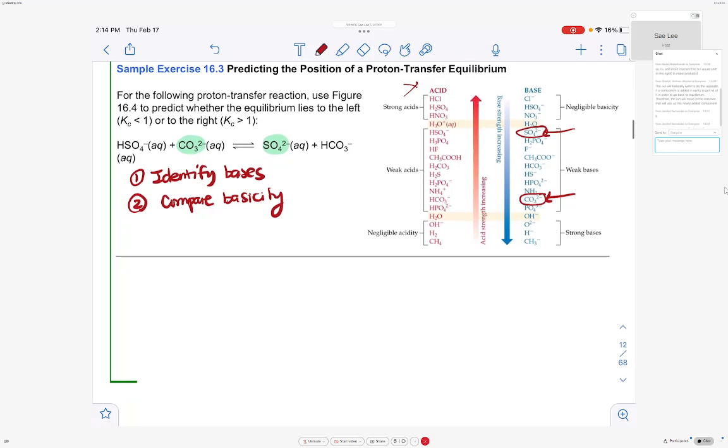If we compare the basicity according to this chart, carbonate is a stronger base. That means it is more likely for carbonate to steal proton from hydrogen sulfate ion than bicarbonate to steal the proton from sulfate ion. Okay.